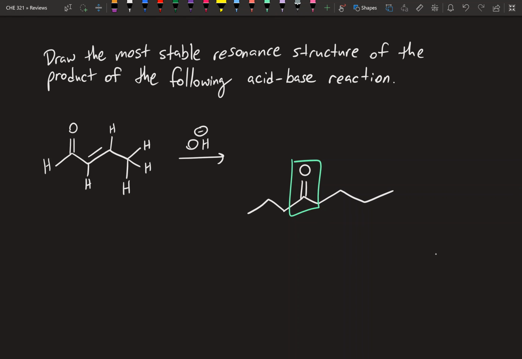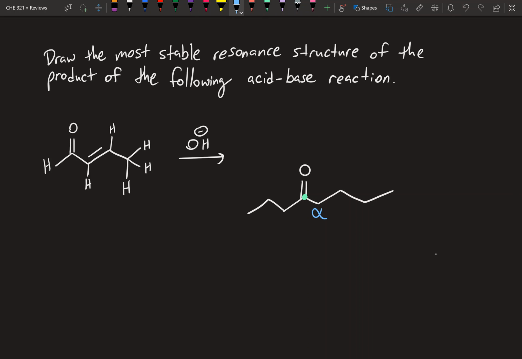When we're talking about a carbon atom bound to a functional group, we call it an alpha carbon. This carbon right here is part of the functional group itself, so that is not the alpha carbon, because the carbonyl has a C in it, that C double bonded to the O.